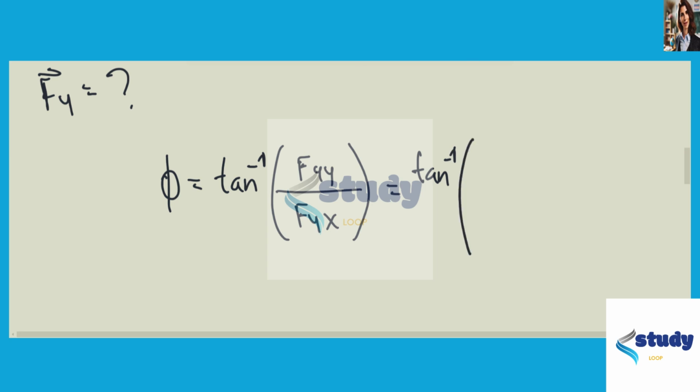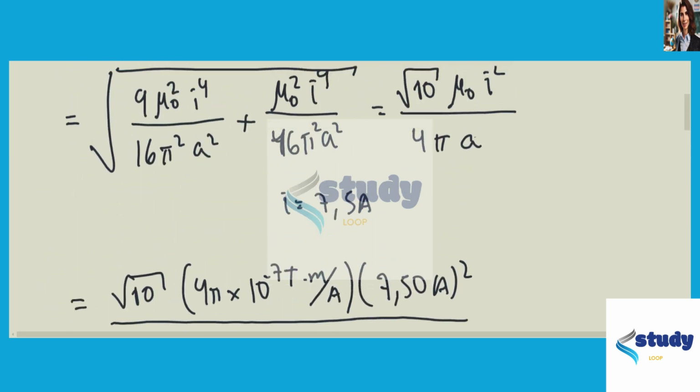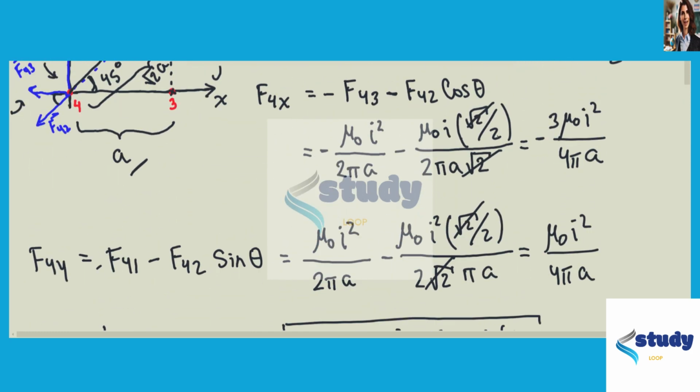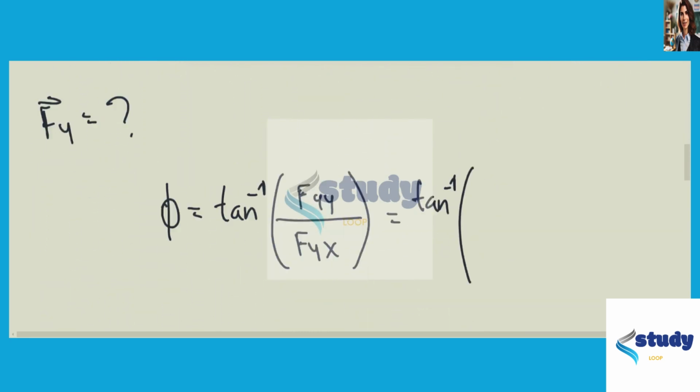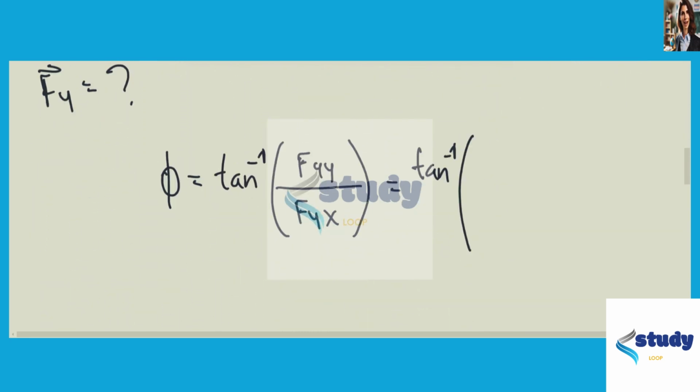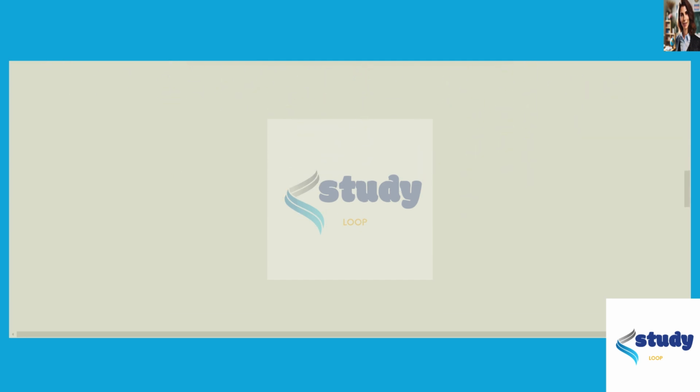If we can see in here, F4x is just minus 3 times the y component. So if we put that in here, we will obtain minus 1/3. So this is equal to 162 degrees.